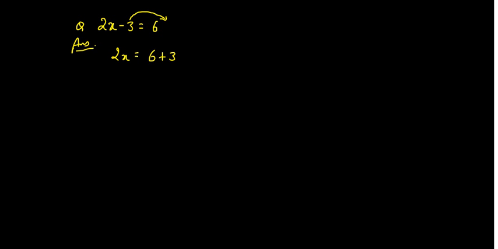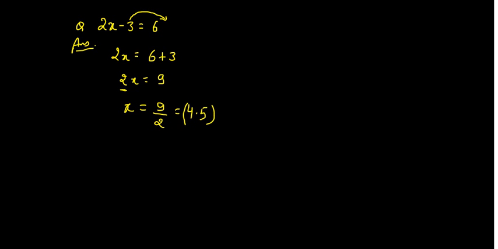Now this is going to be 9 and here we have 2x. Now we don't need the 2 here. So what are we going to do? x is equal to 9 divided by 2. This is going to be our final answer. You can also write it as 4.5 if you wish. On dividing, it gives us 4.5.